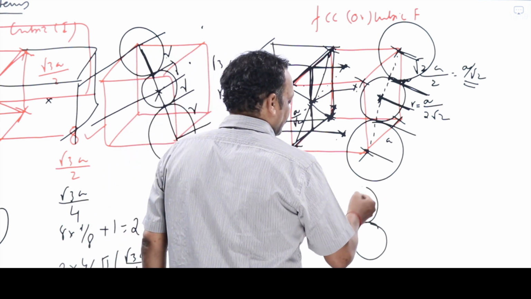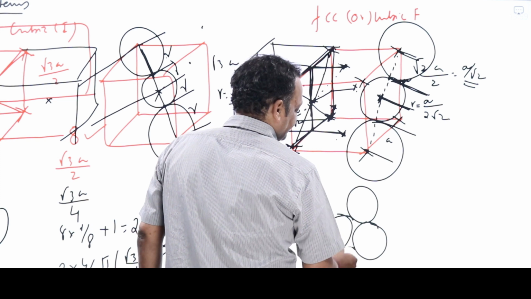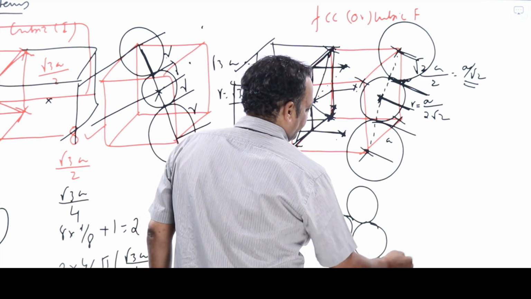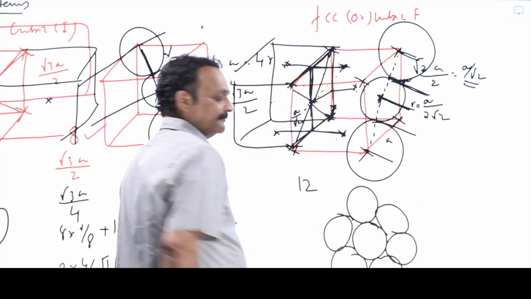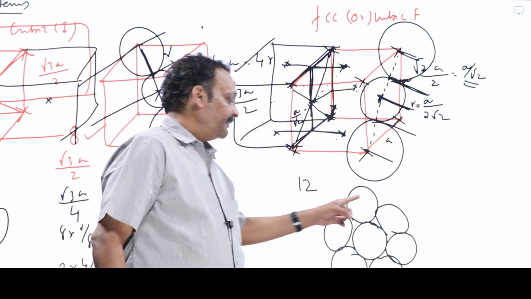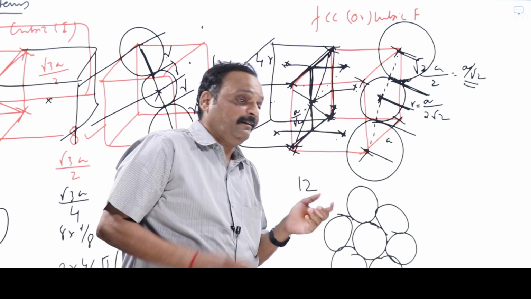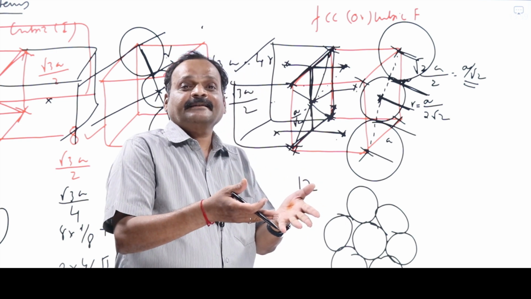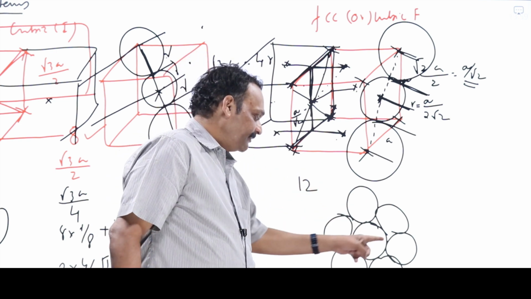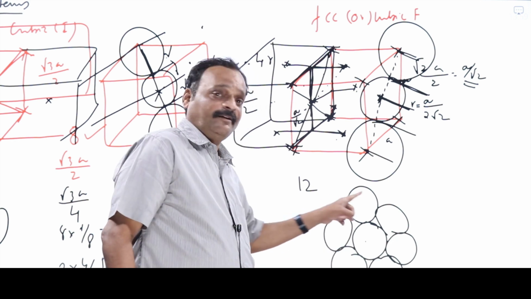Like this: 1, 2, 3, 4, 5, 6. For one circle, we can make 6 circles touch it. Similarly, for one sphere, one cricket ball, how many cricket balls can be made to touch? For one cricket ball, you can make 6 cricket balls touch.